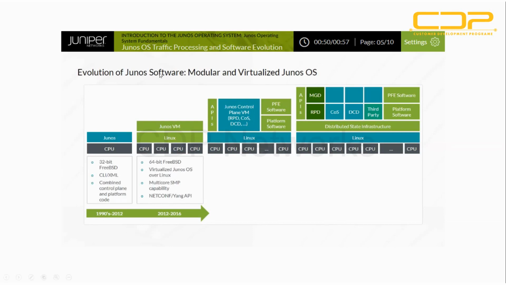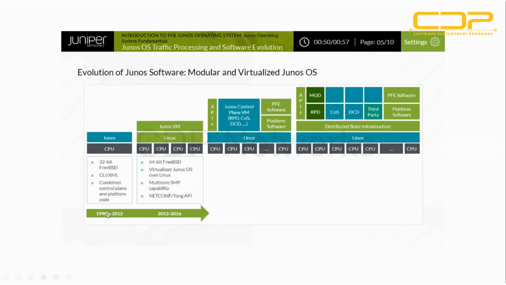In Junos software, we already know this is modular software, and we can deploy it on hardware boxes and also on virtualized VMs. In Juniper devices, if you see the product line, they provide hardware and also VMs.